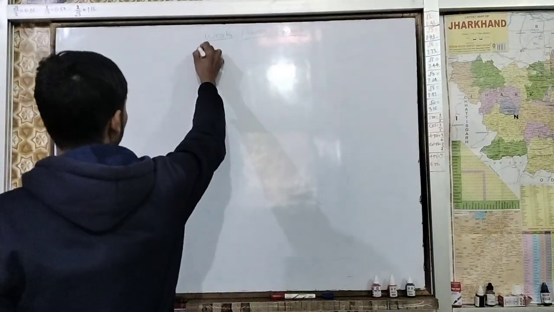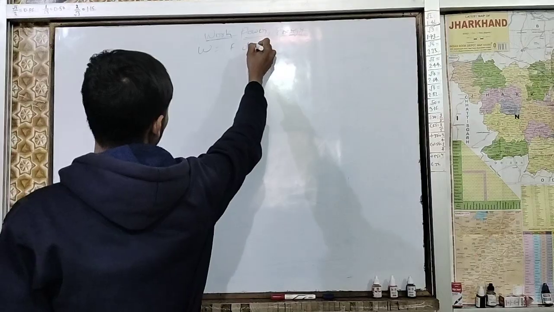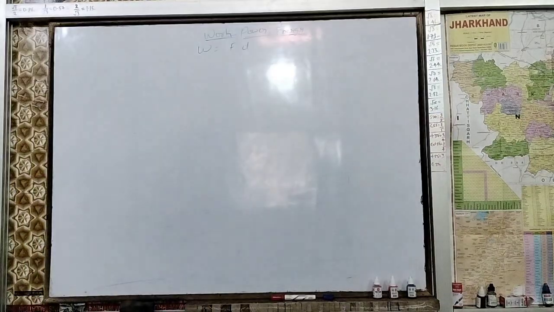We can define it by this formula: W = F d. Now this is a formula. Look at it over here.